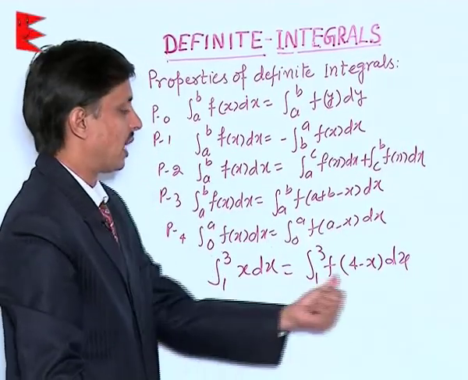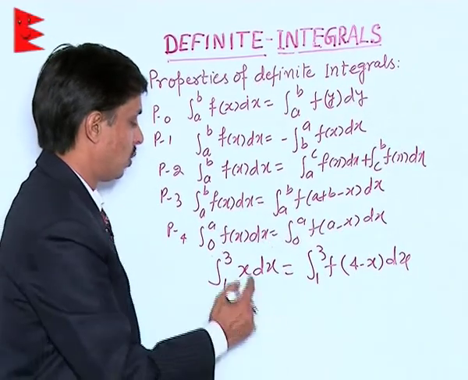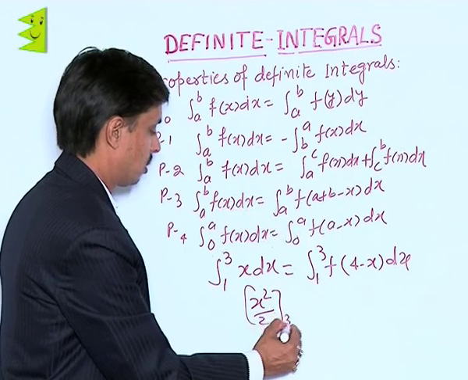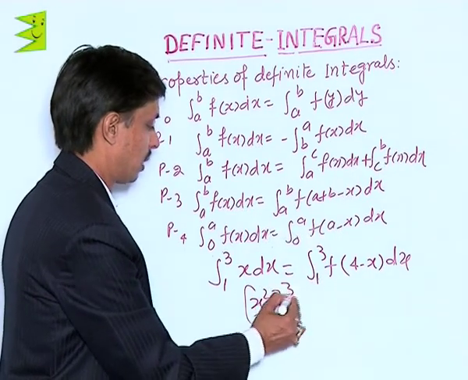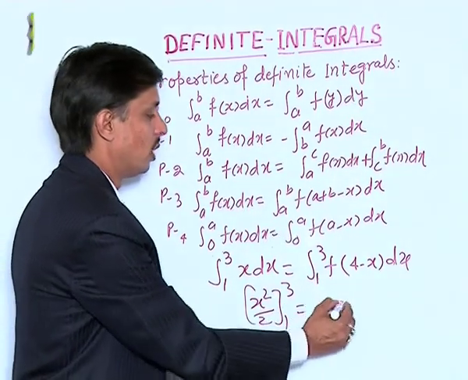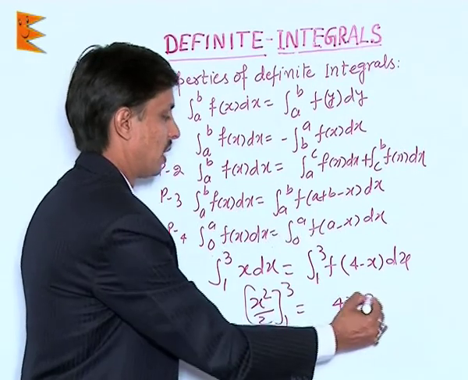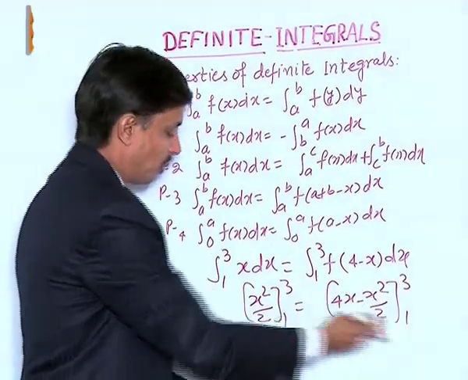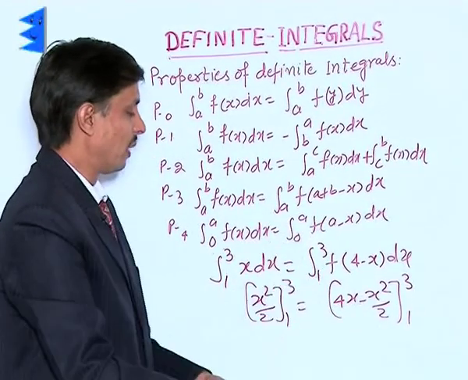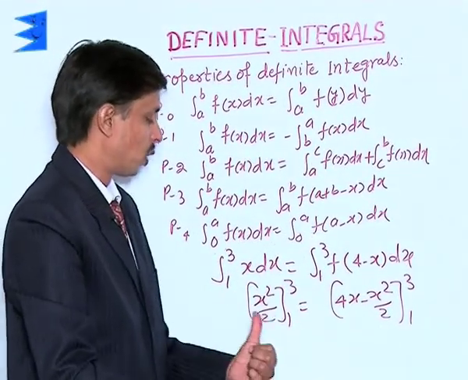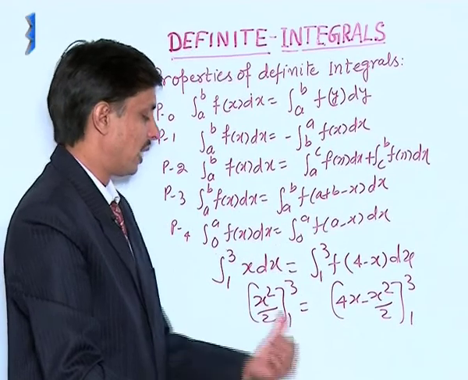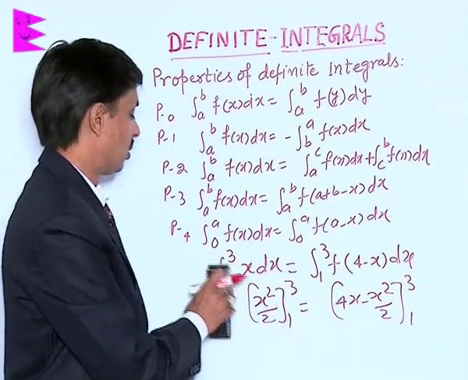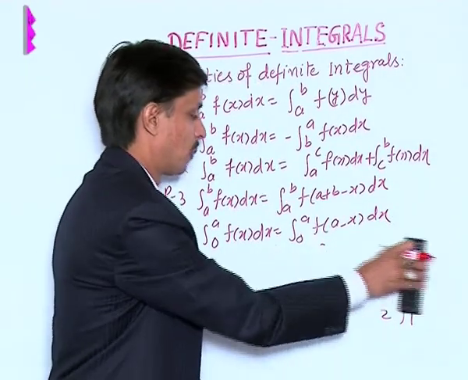The answer of this part and this one will both be the same. You can verify. It is x square upon 2, the lower limit 1 and upper 3, and this is 4x minus x square upon 2, 1 to 3. When we evaluate, we will get the answer in both cases as 9 by 2 minus 1 by 2. So this answer will also be the same. We can use this property.